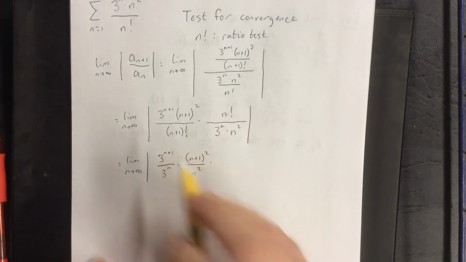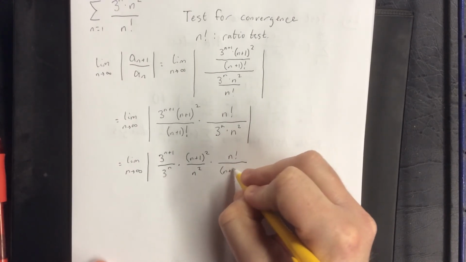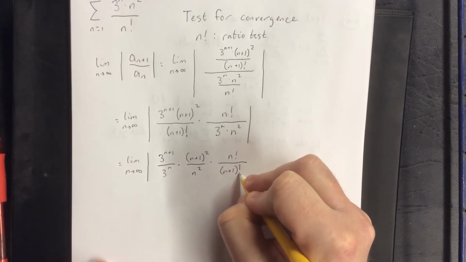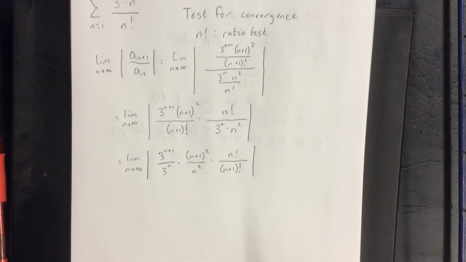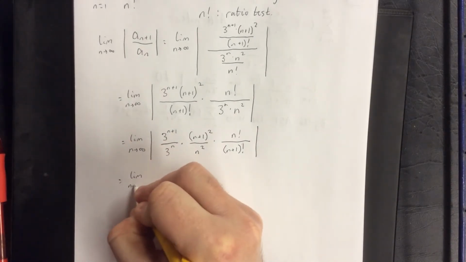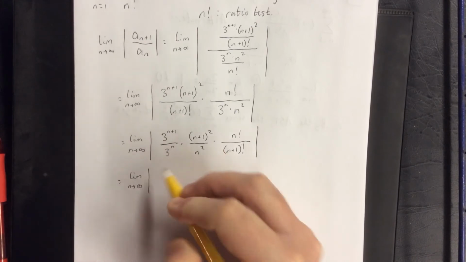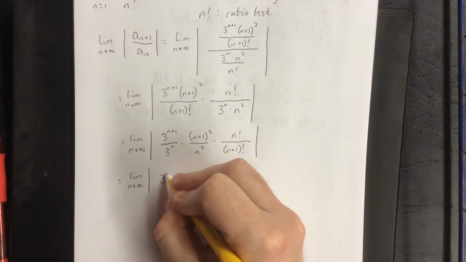And then the n factorial and the n plus 1 factorial should go together as well. Now, all of these can be manipulated algebraically. I'm going to attempt to do so. For the first fraction, when you have the same base being raised to an exponent, you can subtract the exponents. We'll be left with 3 to the first power.